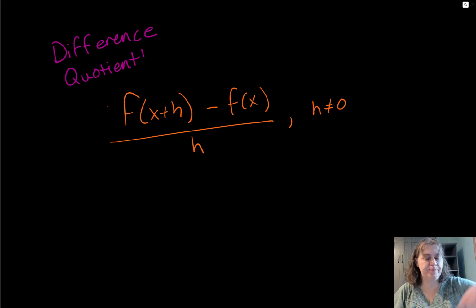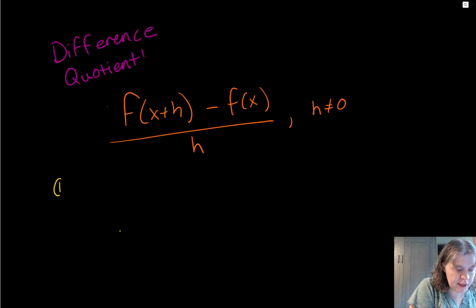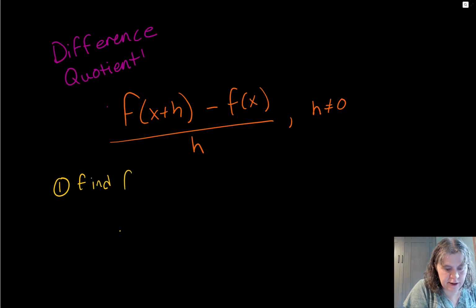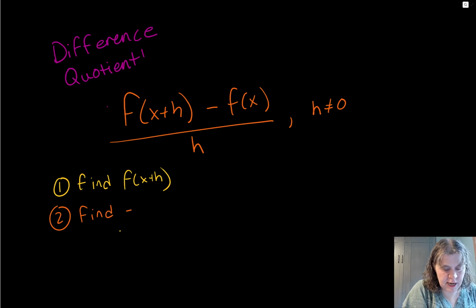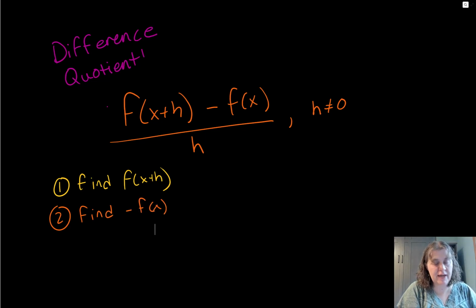So here's the process. Our first step is we need to find f of x plus h. And then my second step is I need to find negative, or the opposite of, f of x, because it's really easy to lose track of that negative when we have polynomial functions that we're playing with.